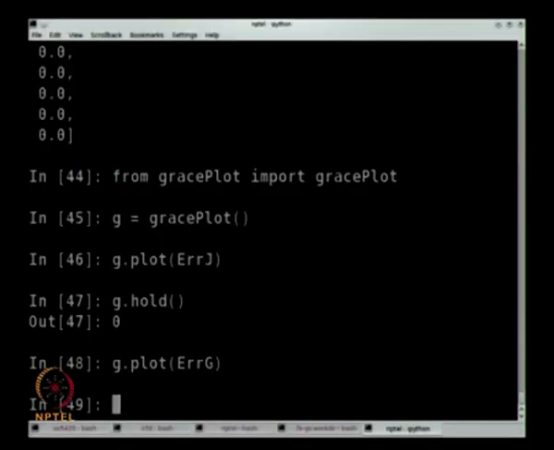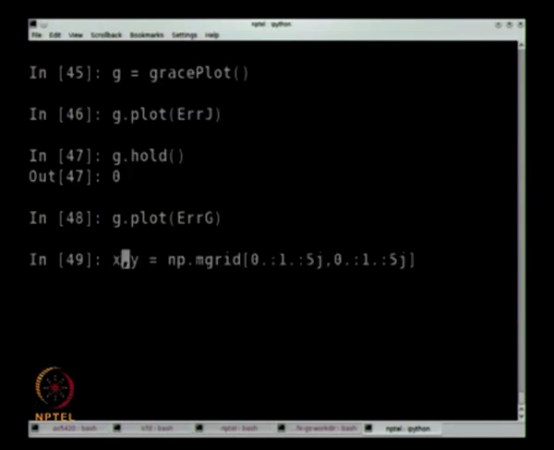So I will recreate this: x comma y is 101. 101 is fine. So that gives me a 101 by 101 grid.